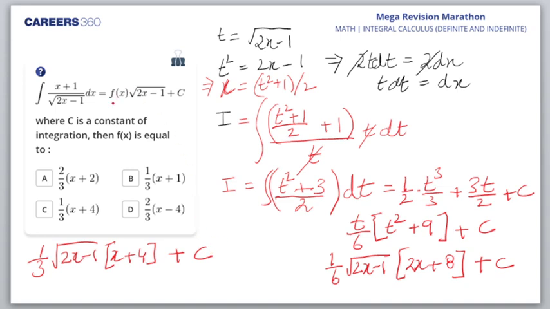So what do I realize? f(x), if I compare it with this, I get f(x) as 1 by 3 (x plus 4). Isn't that right, students? Tarun, you got the answer as D. Excuse me, the answer is C. Okay, Ashit Shikhar, yeah, C. Tarun, C. Okay.